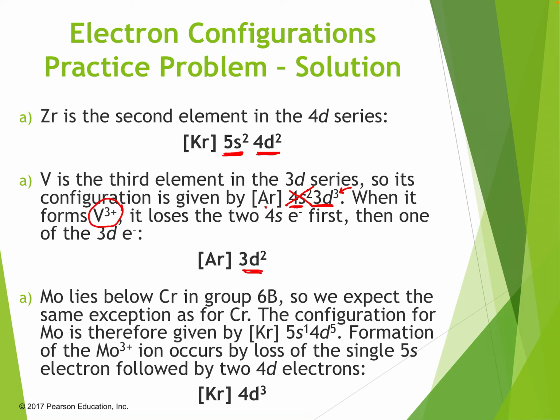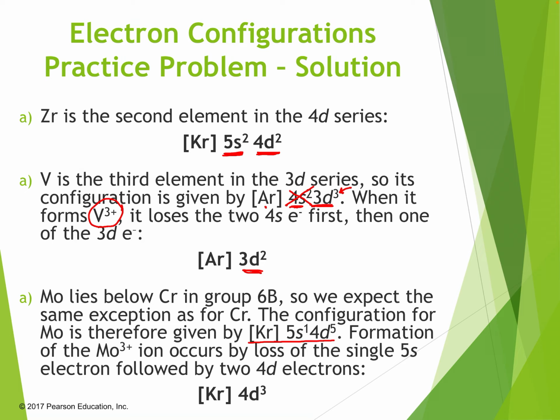And then molybdenum is our last one, and it lies below chromium in group 6b. Remember, chromium was one of those exceptions where one of our s electrons slides over to the d orbitals. So normally we would write it this way: krypton, 5s1, 4d5.